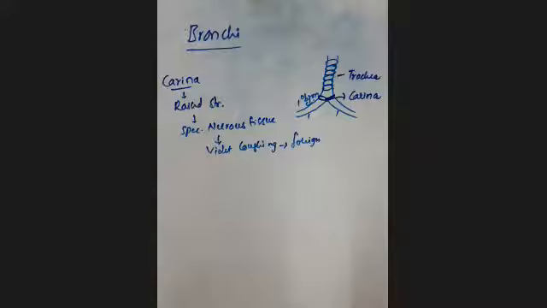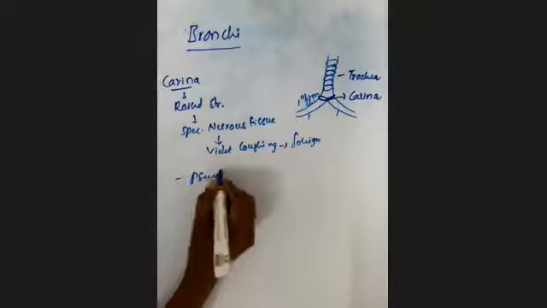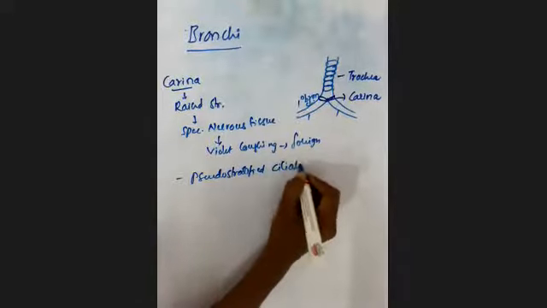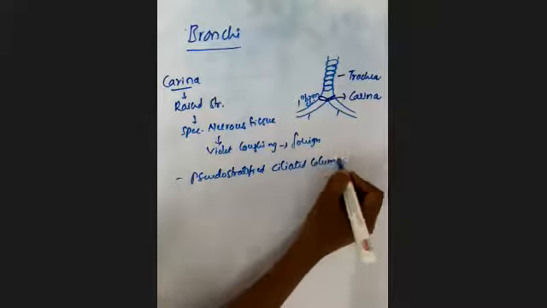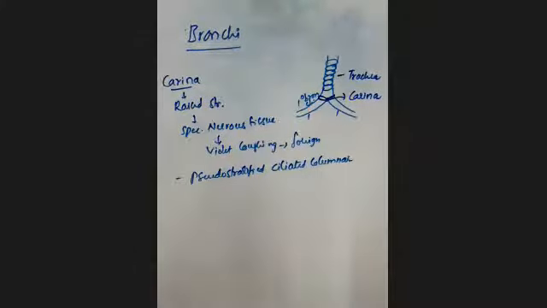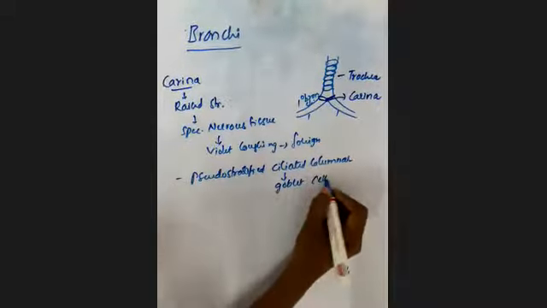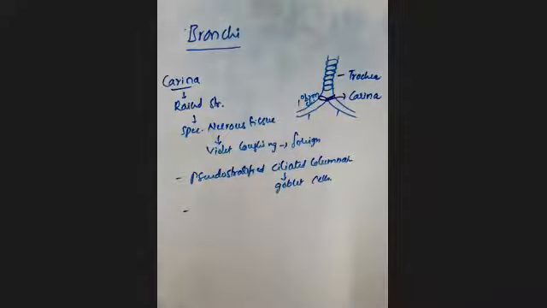It is also lined by pseudostratified ciliated columnar epithelium containing goblet cells, same as the trachea. The same epithelium which is present in the trachea continues in the bronchi, and this also consists of goblet cells.